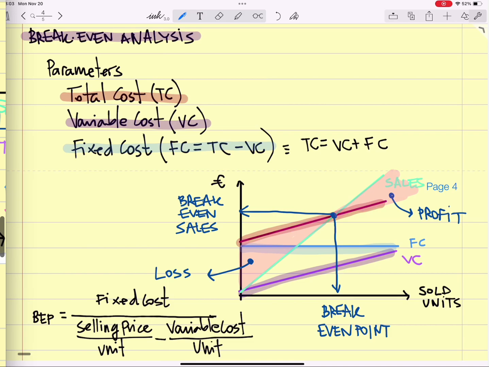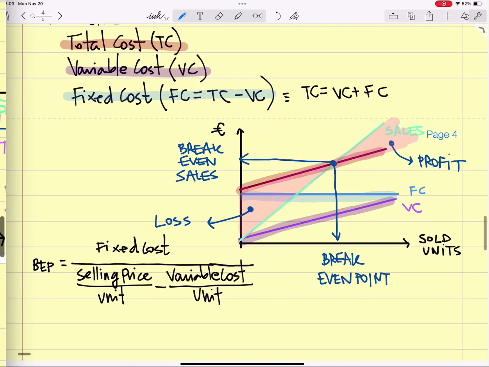Okay, and this is the formula of that point.